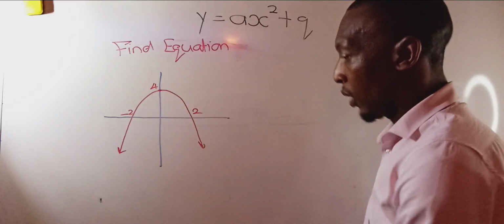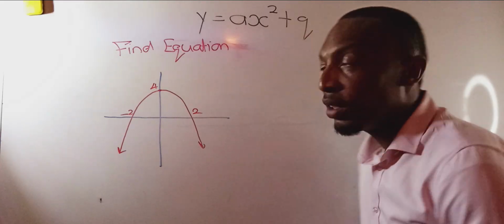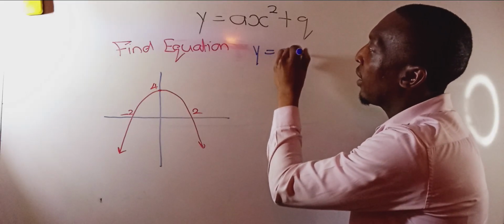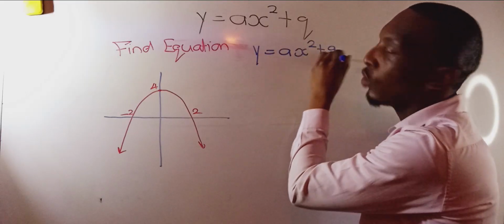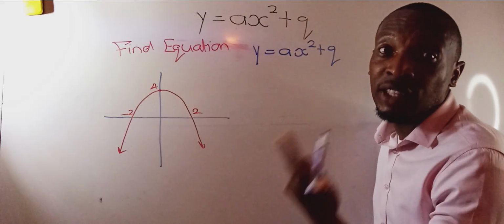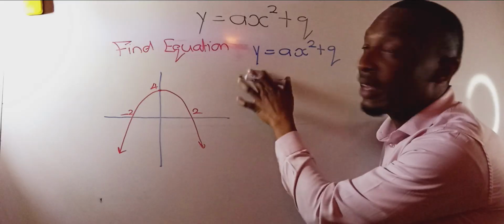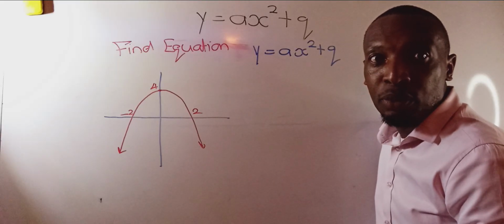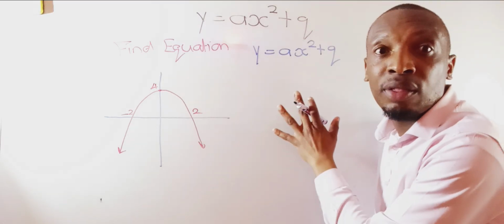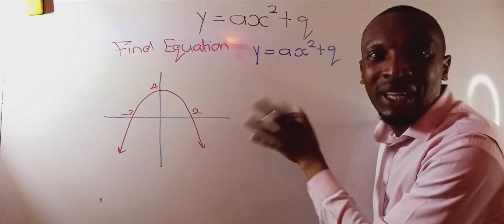Okay, so we know that the general equation is y is equal to ax squared plus q, right? So we need to find the a, we need to find the q, because the y and the x are always going to be there. Because like I said, these are the main characters in the story. This thing here is about x and y.